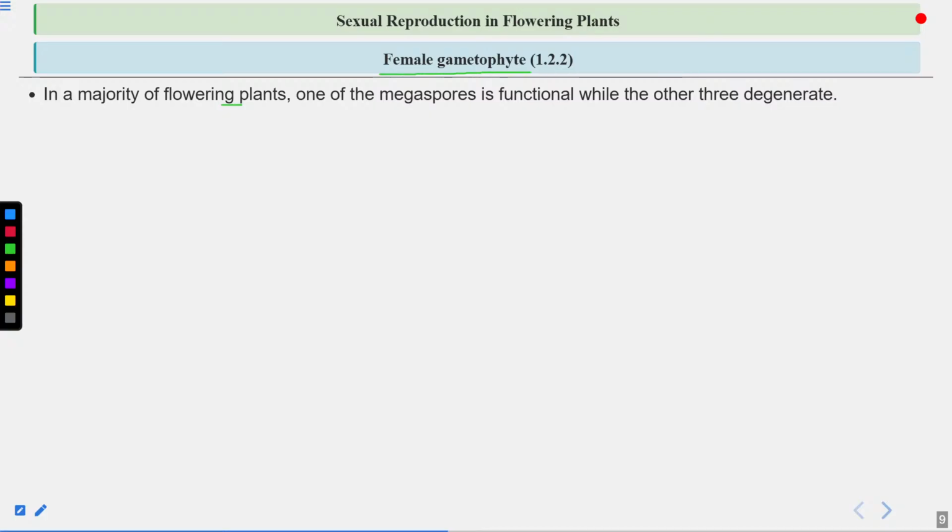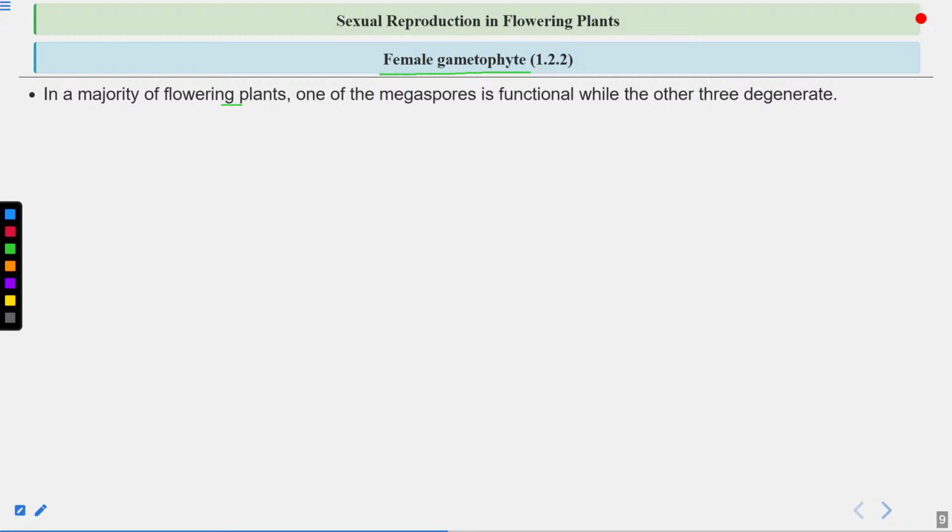What is the ploidy of this one functional megaspore? Can anyone tell me? n. Very good, n.